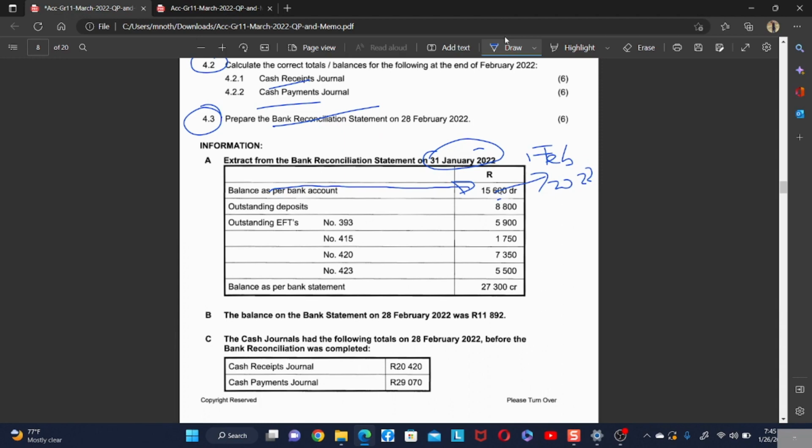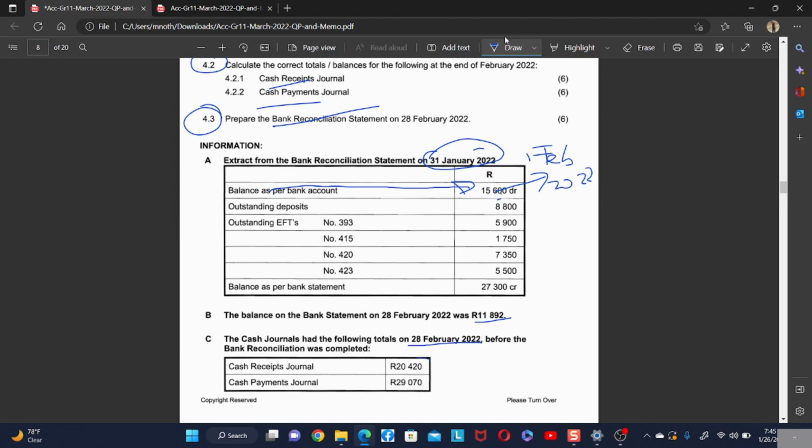Okay, so you are given the balance on the bank statement on 28 February 2022. It is 11,892. Then the cash journals had the following totals on 28 February 2022 before the bank reconciliation was completed.